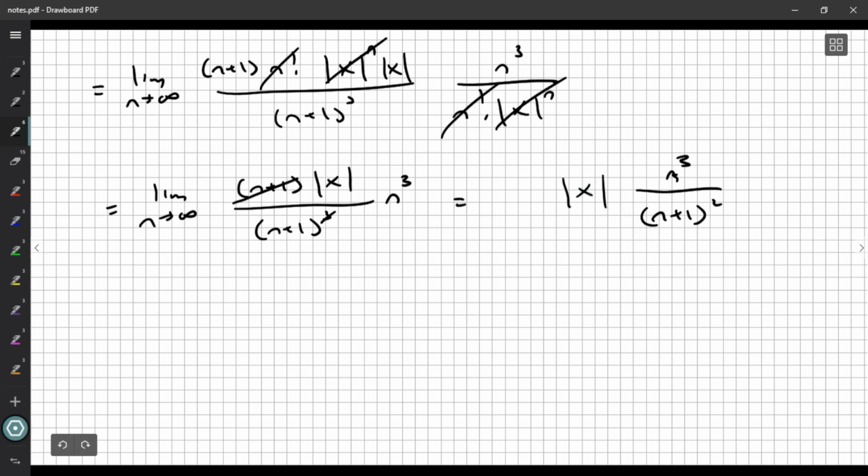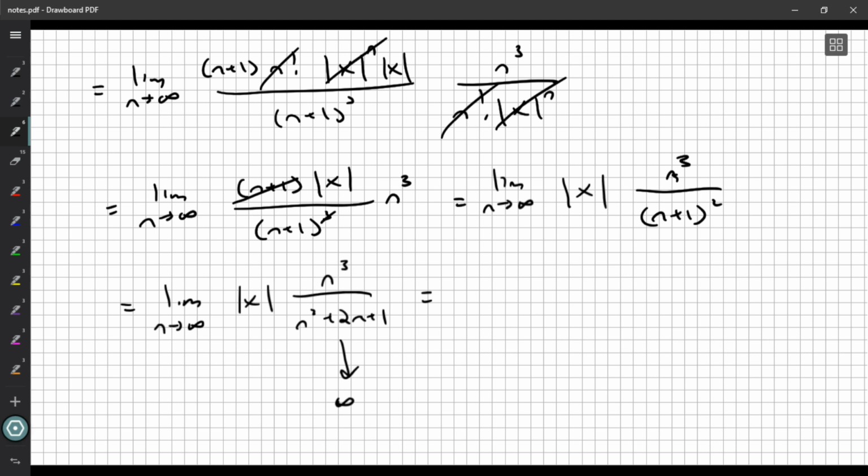So let's separate it off for a moment, because the limits aren't going to exist here, except for one. So we get n cubed over n squared plus 2n plus 1. Now you might say, as n gets bigger, n cubed is going to get much larger than n squared on the bottom. So this is going to diverge off to infinity.